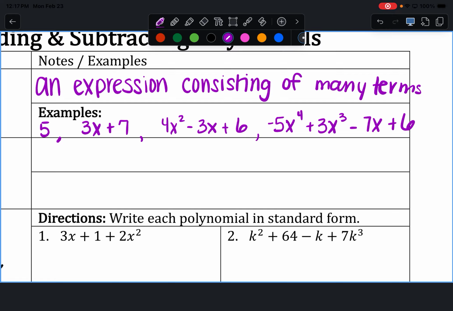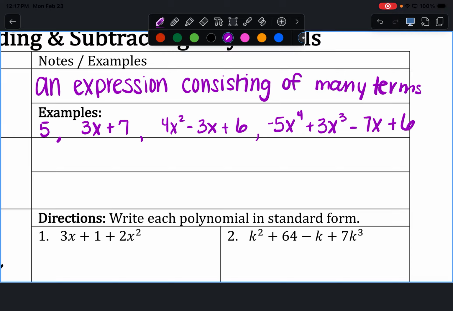Now, whenever we are dealing with polynomials in this unit, your answers have to be written in standard form. What that means is they must be written where the variables are in alphabetical order and the biggest exponent goes first.